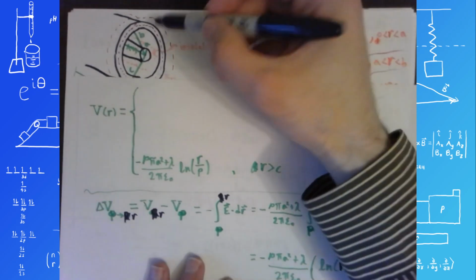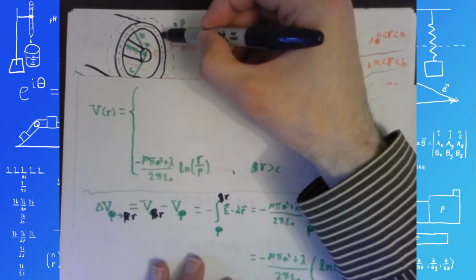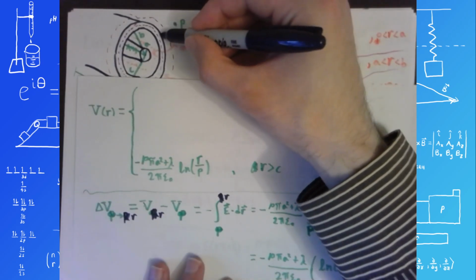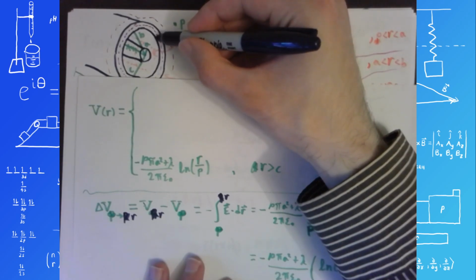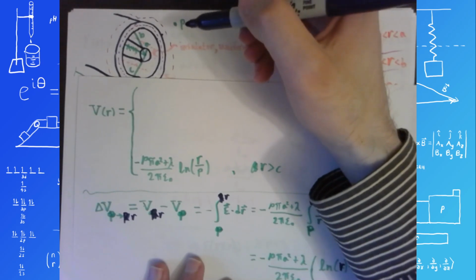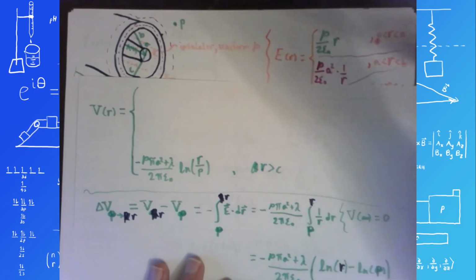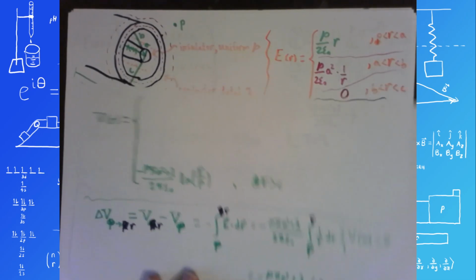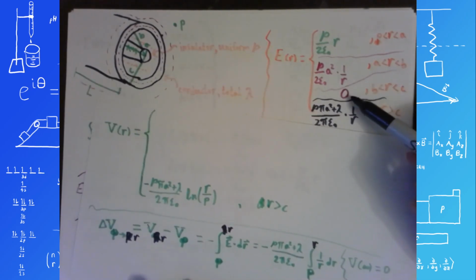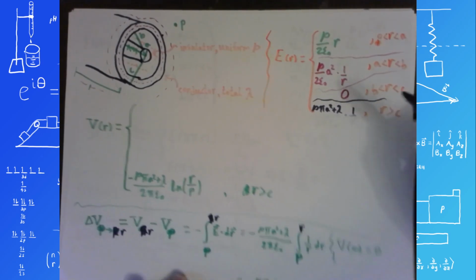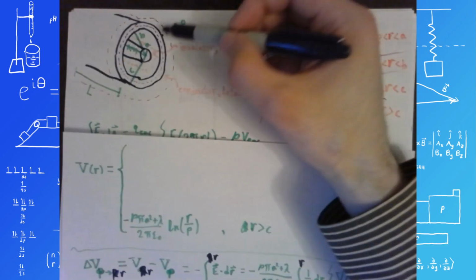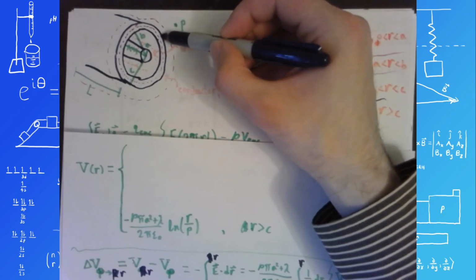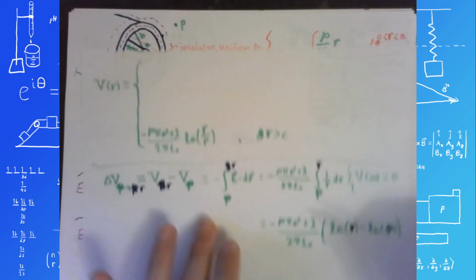And then after you hit the surface, if you go deeper from there until you reach the inner surface of the conductor, then you're not going to experience any change in voltage. Integral of 0 dr, the delta V is just going to be 0, which means the V is constant from when you reach the outer surface until you hit the inner surface.